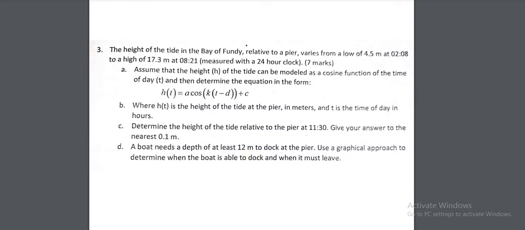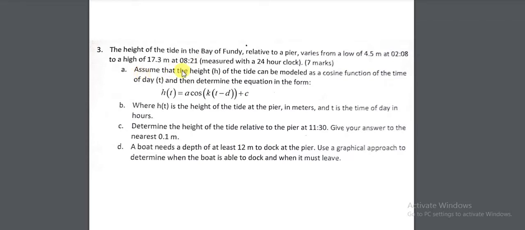Now the third question. The height of the tide in the Bay of Fundy relative to the pier varies from a low of 4.5 meters at time 2:08 to a high of 17.3 meters at 8:21.